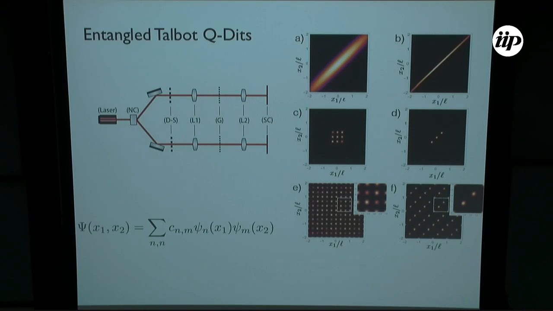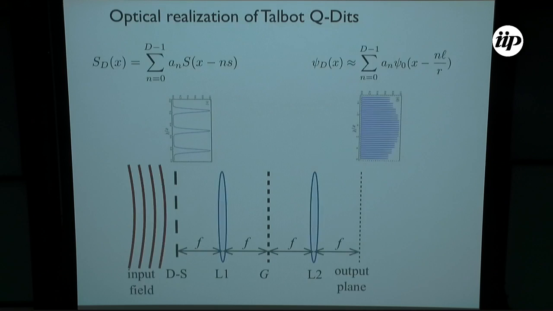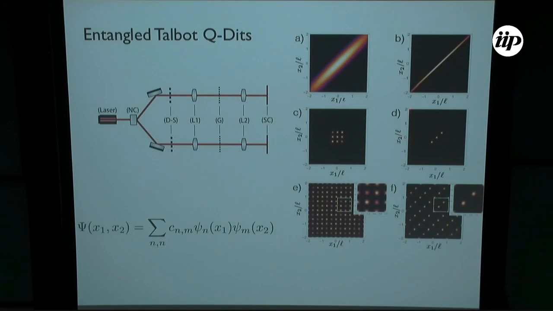The entanglement that you are going to generate in the Talbot basis is going to depend on the entanglement already present in the source here, okay? So first of all, you start with something like this, the original correlations, and then you put the gratings.